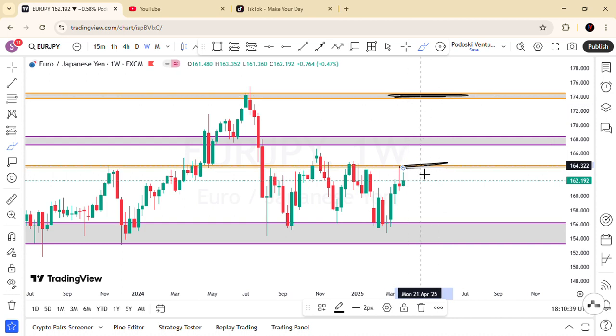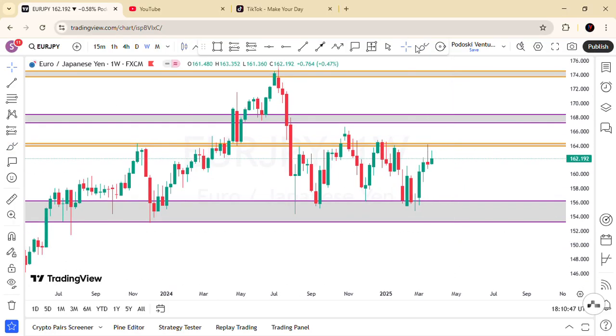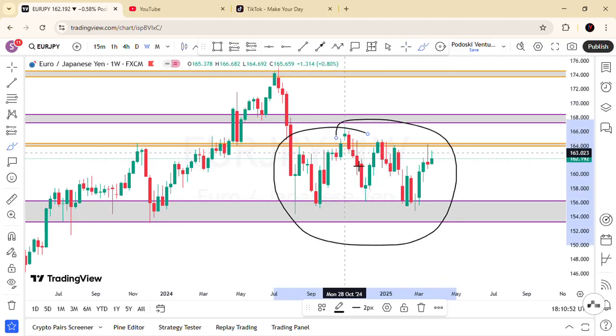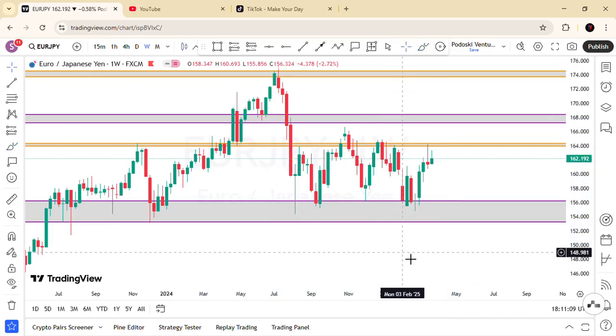If you watch closely, just like I said on GBPJPY, Euro JPY has also been consolidating in this zone between the weekly midway zone and the monthly midway zone for a while.